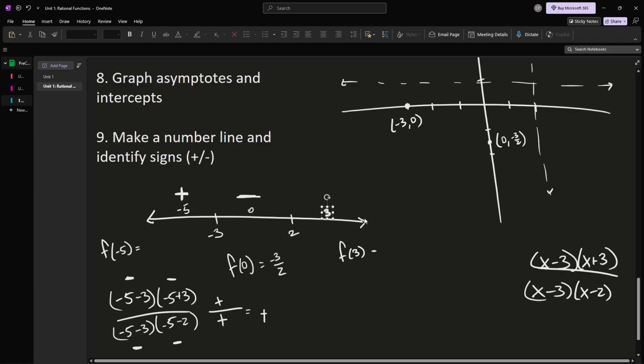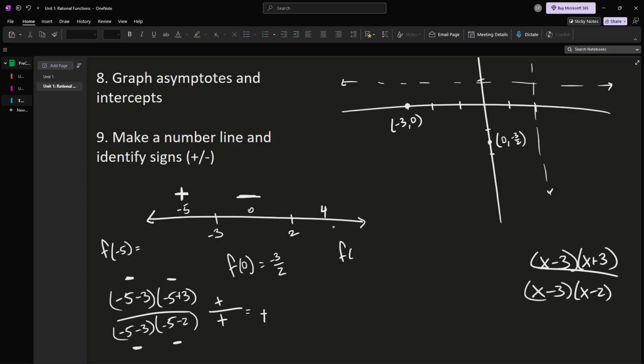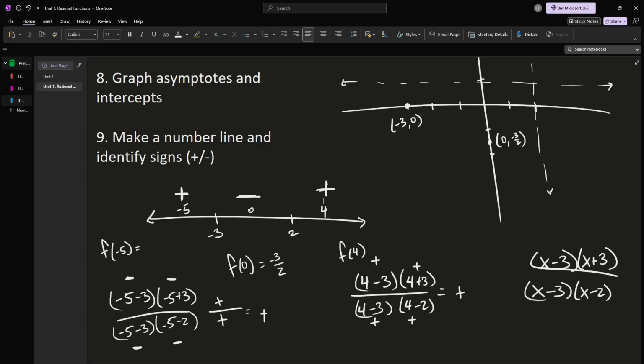So that's a mistake on my part. Scrap that, and let's use 4 instead. So f of 4: 4 minus 3, 4 plus 3, 4 minus 3, 4 minus 2. Positive, positive, positive, positive, which gives me positive. So I have my signs.